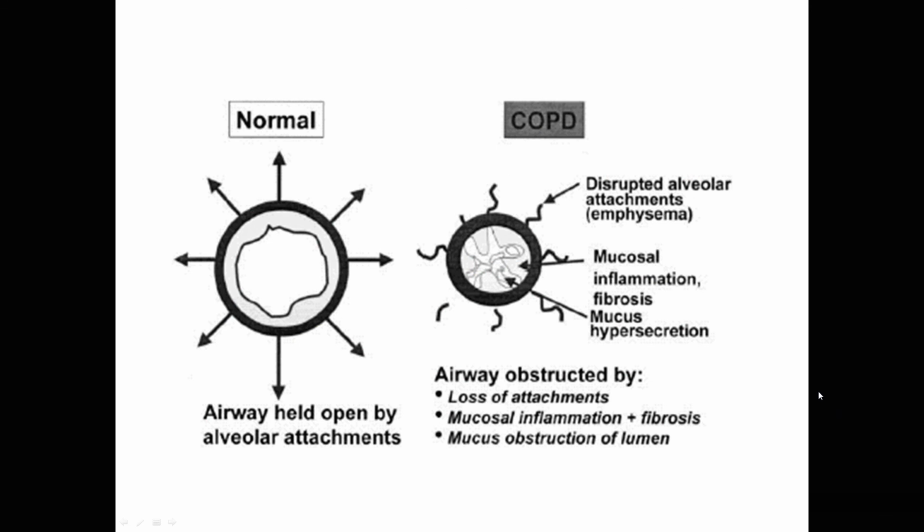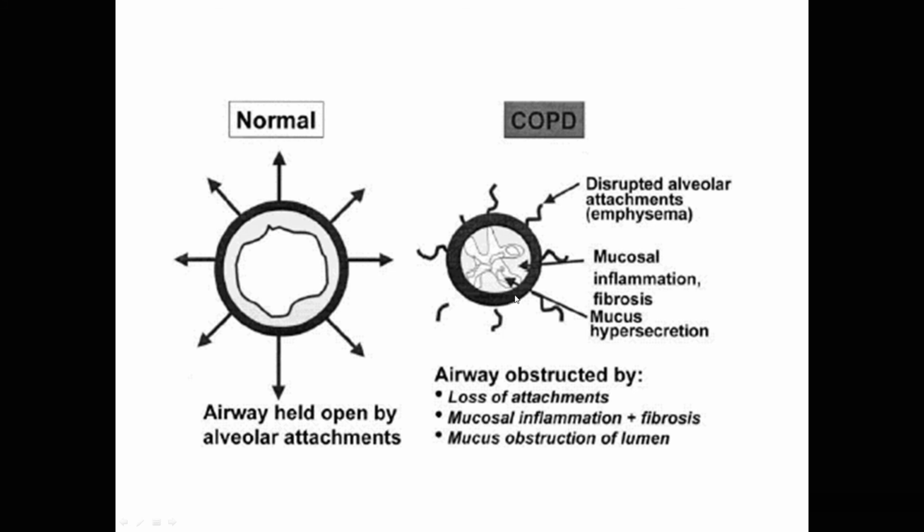Which is the mechanism by which emphysema produces obstruction? This is the normal airway, held open by alveolar attachment, elastic support. As already mentioned, there is a destruction of the elastic fibers in COPD, in emphysema, so the elastic support is lost and the airway will collapse.